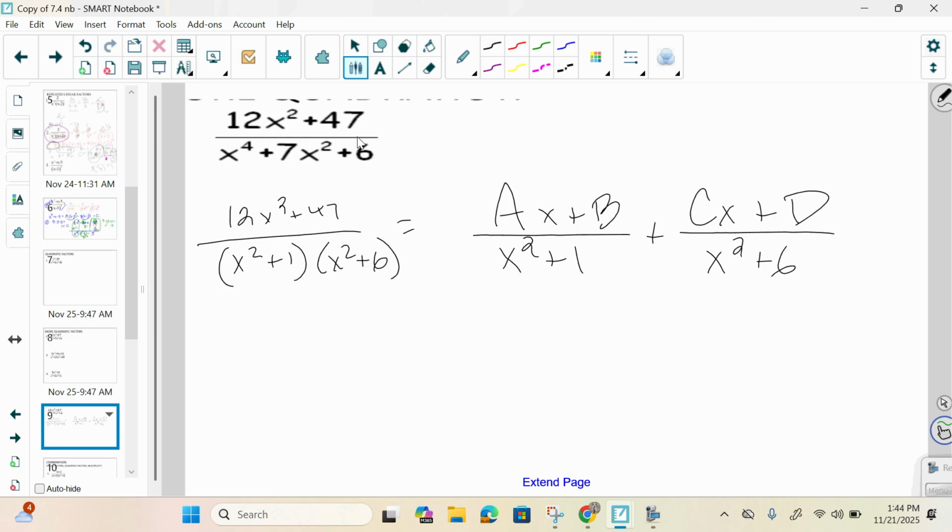If it needs to be a constant, then A and C will come out to be 0. Right? It needs to be a constant. So if the denominator, an irreducible quadratic, has a power of 2, you are always going to make it linear up top. Why can't that just be an A and a B approach? Because it needs to be a degree less than 2.